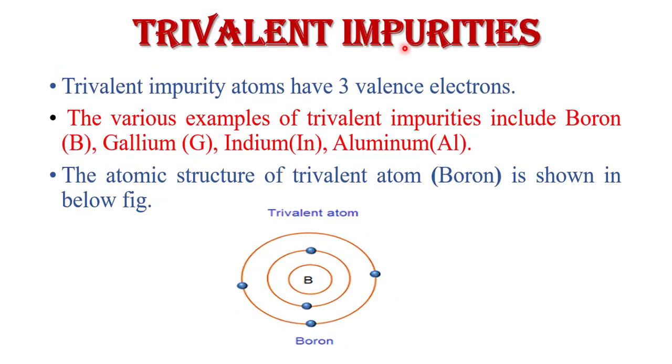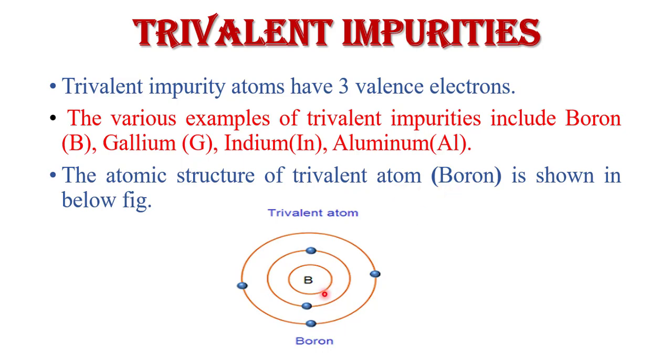Next, trivalent impurity. Trivalent impurity atoms have 3 valence electrons in the outermost orbit. The various examples of trivalent impurity include boron, denoted by B, gallium, Ga, indium, In, aluminium, Al. The atomic structure of a trivalent atom, that is boron, is given here.